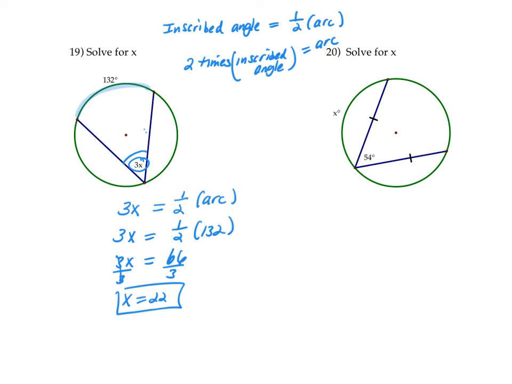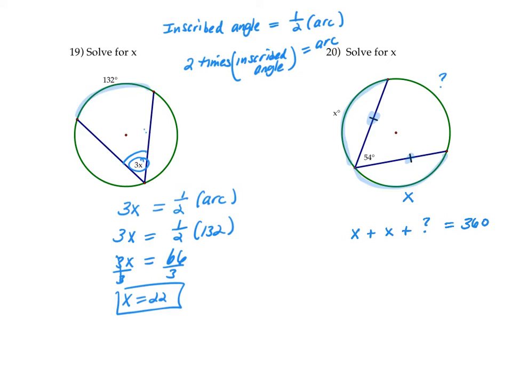All right, on number 20, it's a little bit more involved. So first, I want you to notice that we have 2 chords that are marked congruent. That means their arcs are congruent to each other. So we want to label this arc with an x. In order to solve for x, we're going to have to find this arc right here, because the sum of x and that question mark would be equal to 360 degrees.